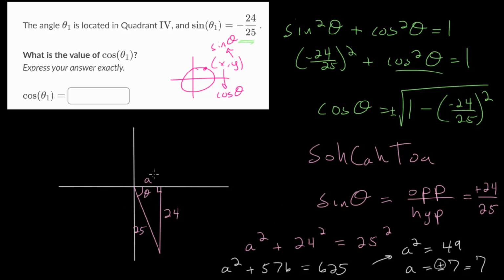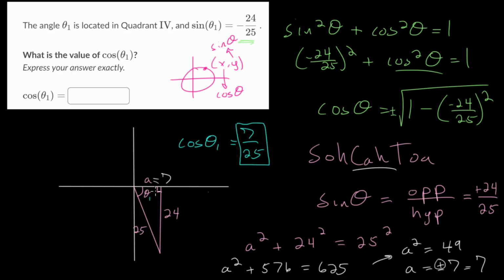And we can now use trigonometry. We can use this definition that the cosine of our angle, this is theta 1, is the adjacent side, which is 7, divided by the hypotenuse, which is 25. And had we used the Pythagorean identity, you can check this, but we would end up with this exact same answer.